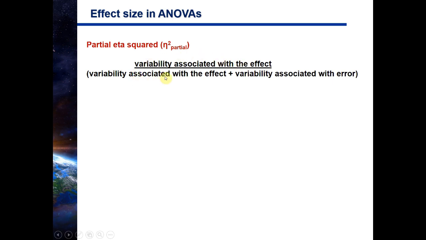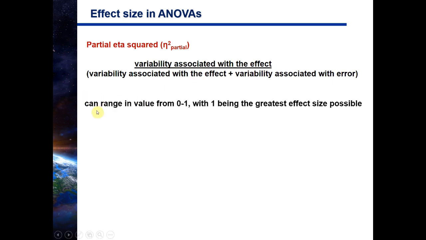And then it's dividing by the variability associated with the effect, so the same thing as here, but also combined with the variability associated with error. All right, so you're looking at how much of the total variability in the dependent variable is explained or accounted for by your independent variable.